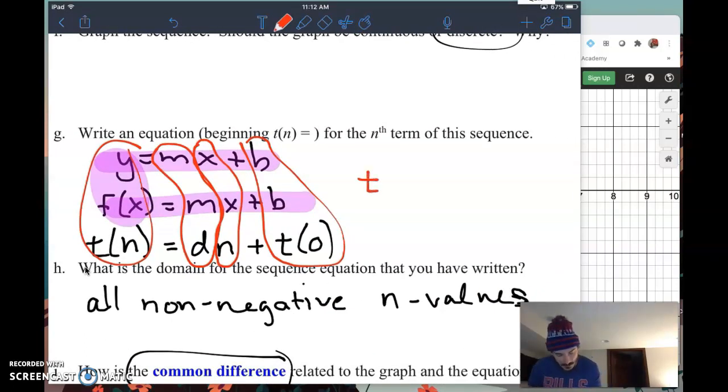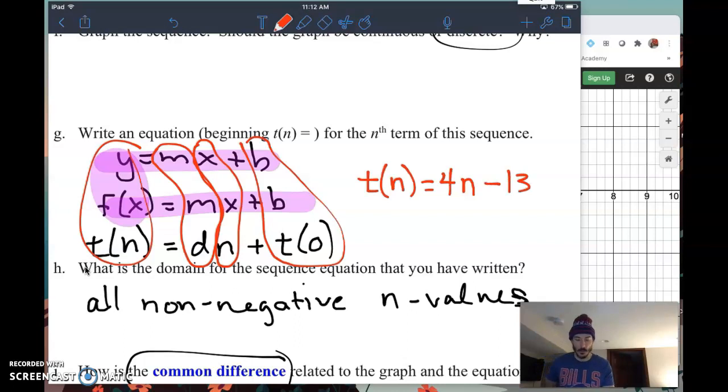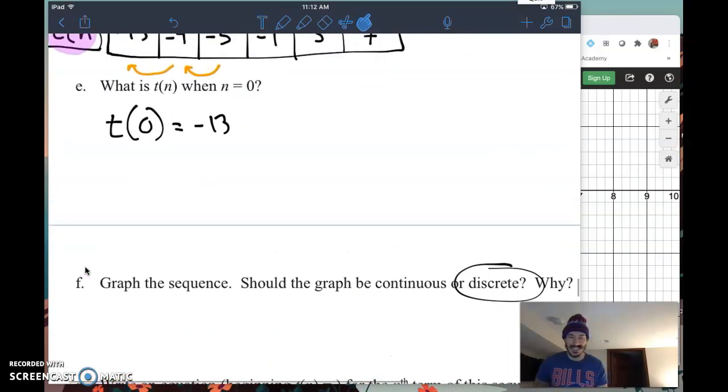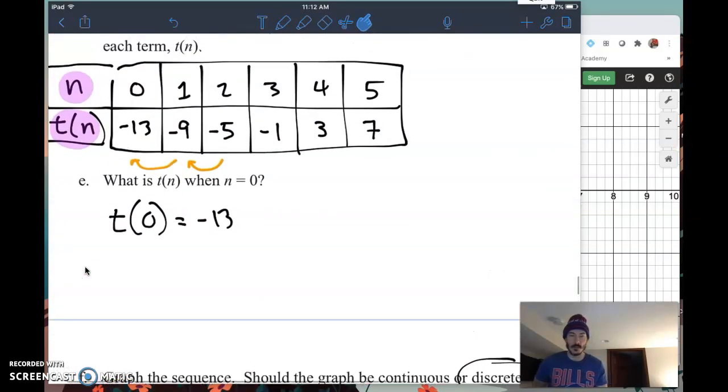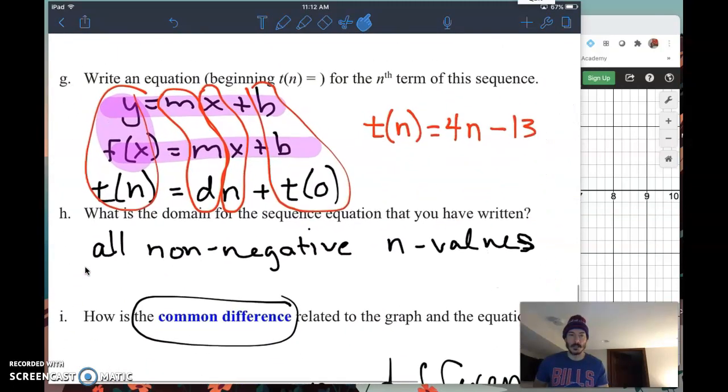T of n equals that common difference, 4, times n, whatever term number I care about, plus that y-intercept. Now, I could write plus -13, but in this case, I'm going to write minus 13, because recall, ladies and gents, that's my T of 0, and that's why we worked backwards to find that. Okay, keeping on.